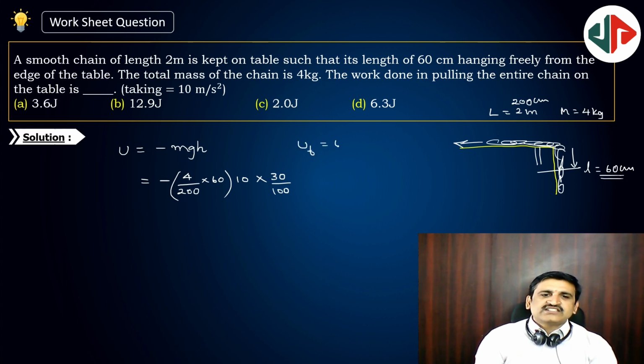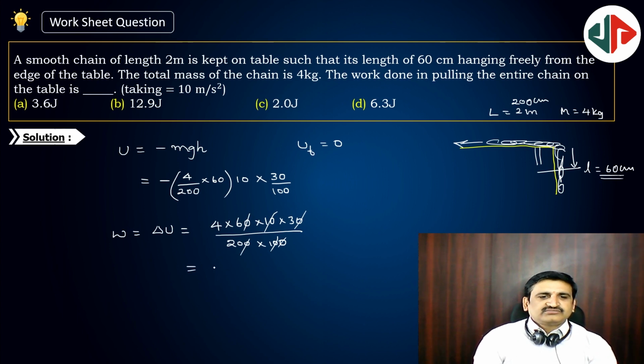And final potential energy 0. Difference will give you work done. Work done is equal to final minus initial potential energy, I'm taking the magnitude, that only you need for the work. So 4 into 60 into 10 into 30 by 200 into 100. Okay, 4 into 6 into 3 by 20. 4 table directly will go now 5.